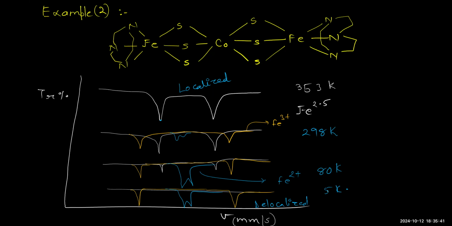Let's first understand. Because of the sulfur bound over here, this is getting charged because of the cobalt, and therefore it makes the iron centers low spin centers.